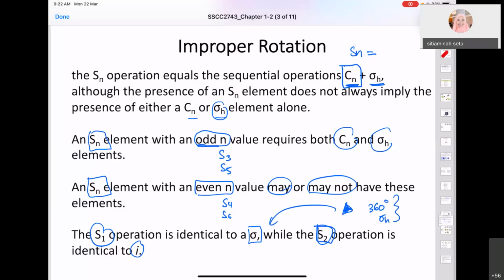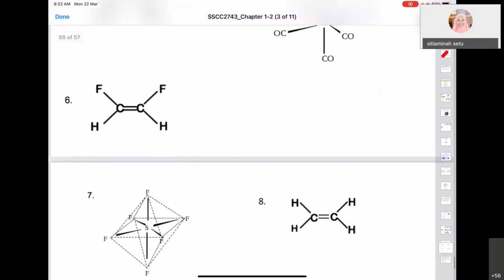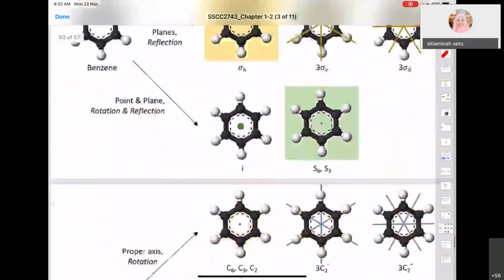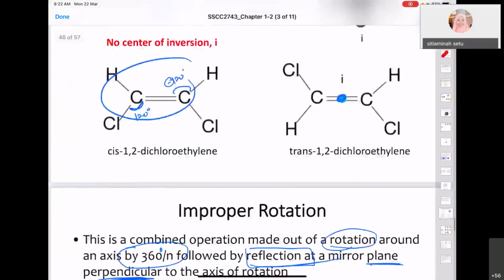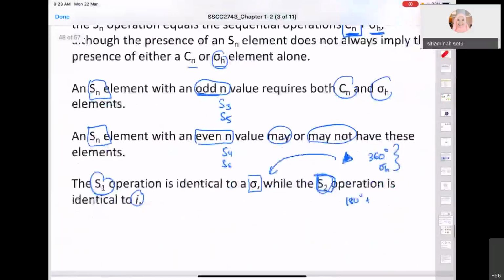S2 kalau kita buat, dia adalah rotation 180 degree plus the sigma h. So this one is actually equals to the inversion. Sebab tu kita panggil dia sebagai inversion saja. Kalau S1 dengan S2 tu kita tak consider sebagai symmetry operation.